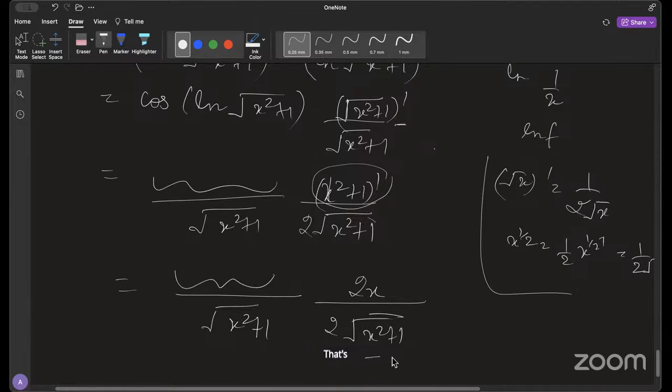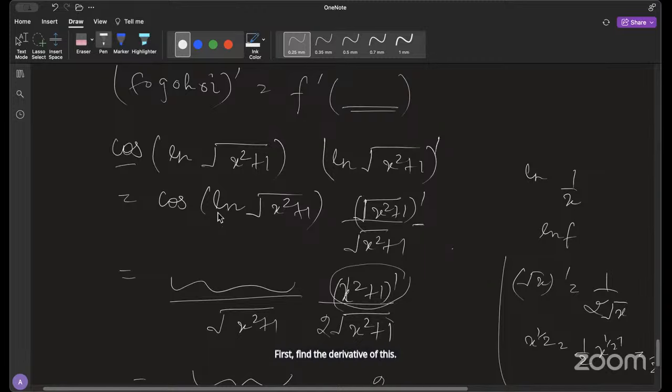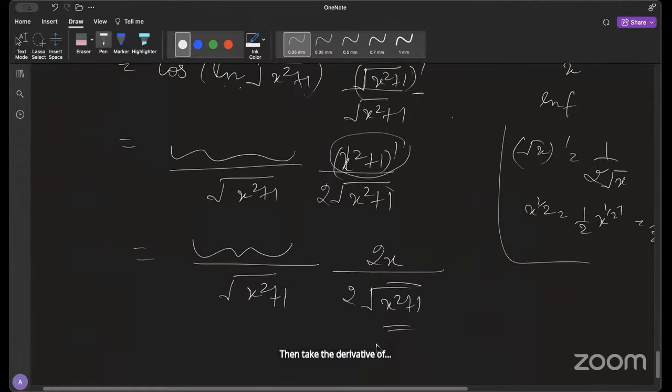That's it, that's how you find the derivative. So do it step by step. First, find the derivative of this, keep the argument the same. Then find the derivative of natural log, keep the argument the same. Then multiply it with the derivative of the square root of x squared plus 1, here keeping the argument the same. That's clear, right?